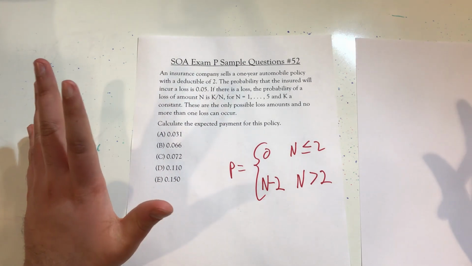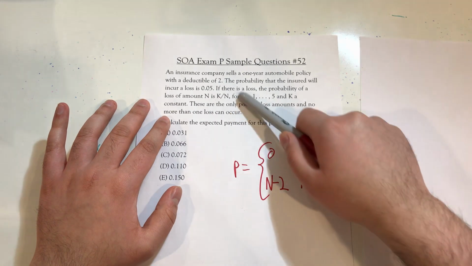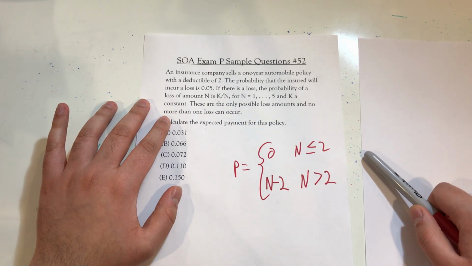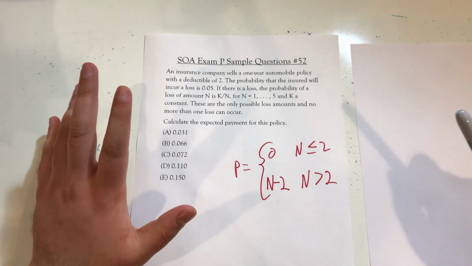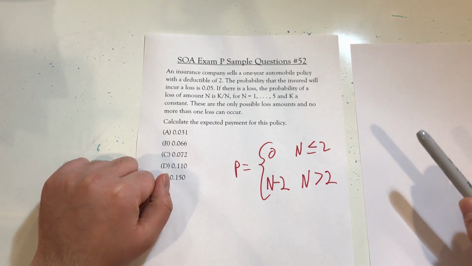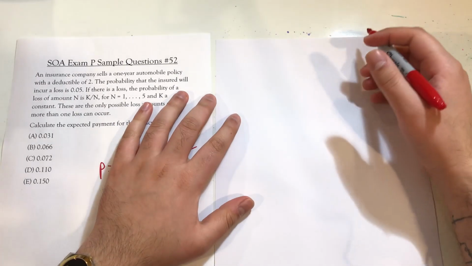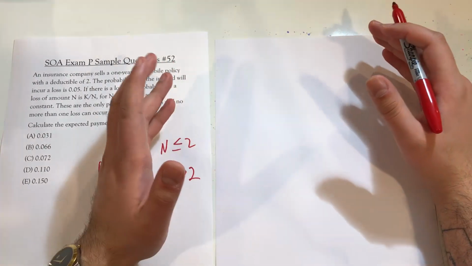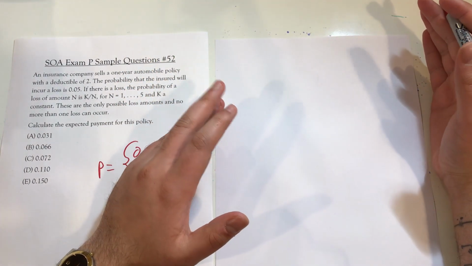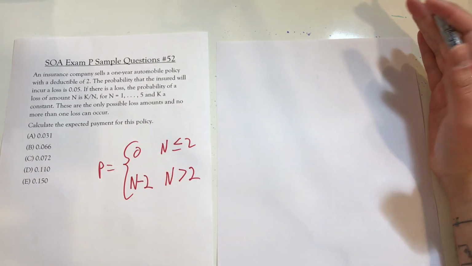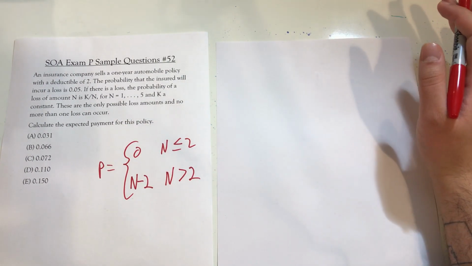So first thing is when we're given this kind of loss function, we want to figure out what that constant is. That's something that should be pretty familiar to you if you've done a decent amount of these practice questions. So let's set that up. The probability of everything in a sample space should add up to 1. That's a basic rule in probability.